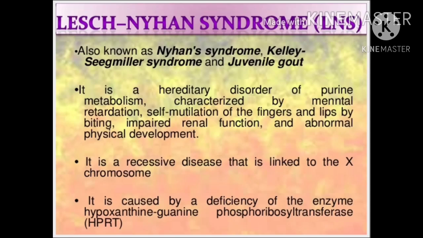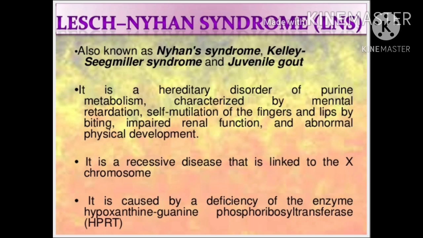The C option in the question is Lesch-Nyhan syndrome. It is also known as Nyhan syndrome, Kelley-Seegmiller syndrome, and also by the name juvenile gout. It's a hereditary disorder of purine metabolism, characterized by mental retardation and also by self-mutilation or self-harming of the fingers and lips by biting, impaired renal function, and abnormal physical development.